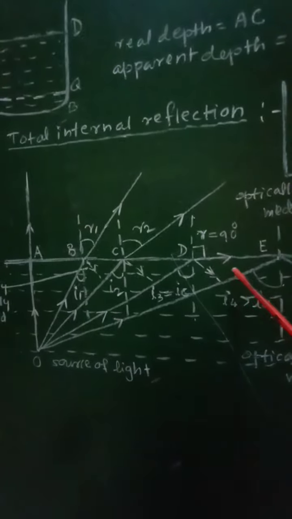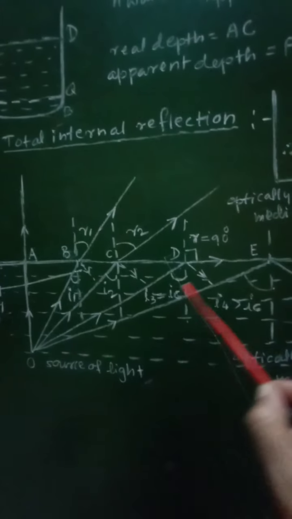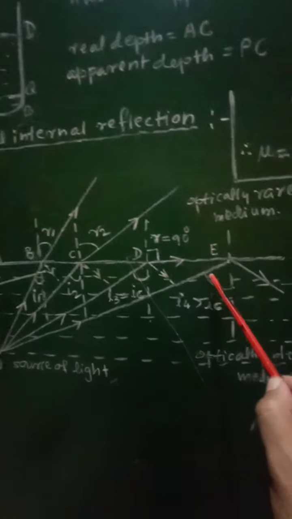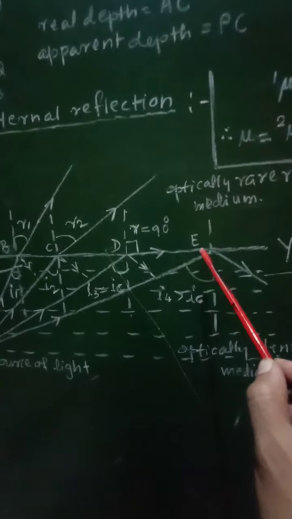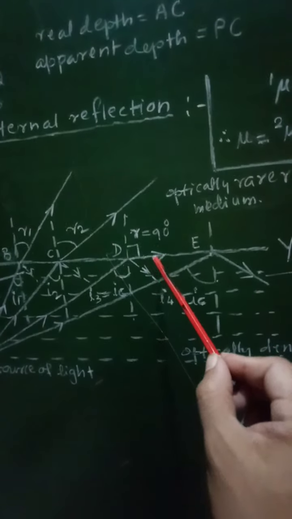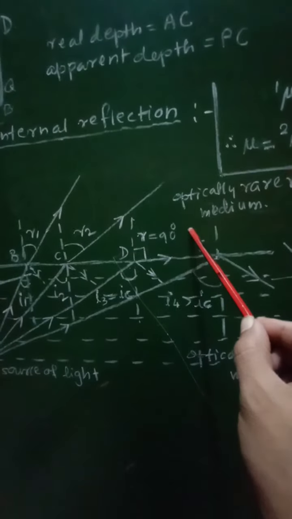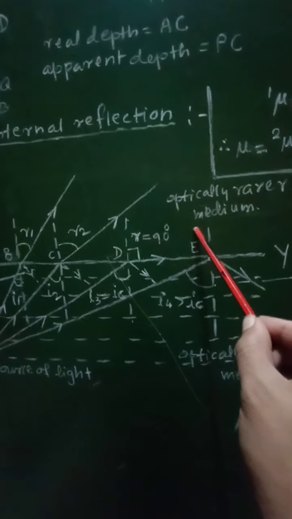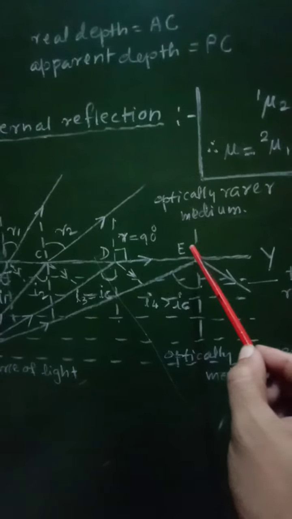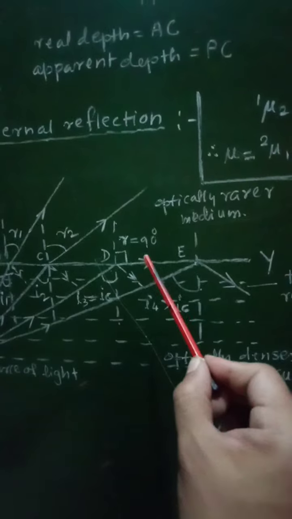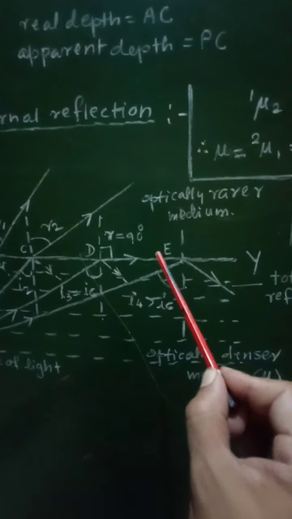For all further rays of light like OE, which is obliquely incident on this surface XY at point E, the refracted ray will not enter into the rarer medium. The angle of refraction would increase, but beyond 90 degrees that angle will not increase.